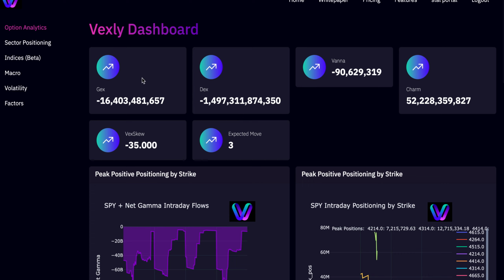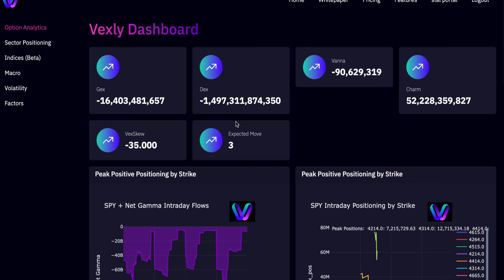One of the things that's different with this page is that these GEX, DEX, Vanna, Charm, VEX, skew, and expected move numbers are across the board. It takes into account all the major ETFs, big tech and so on, and combines the numbers together to give you a total market view, and the same for DEX, Vanna, Charm, VEX, skew, and the expected move.